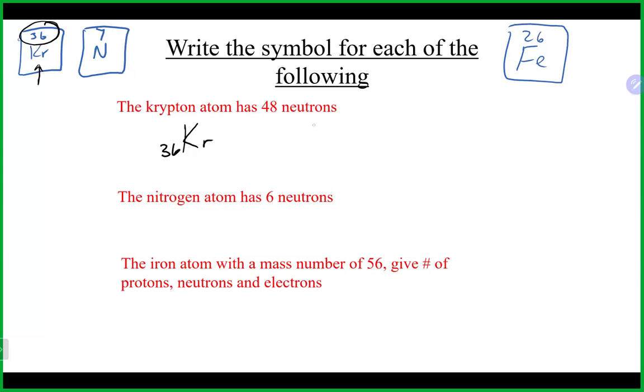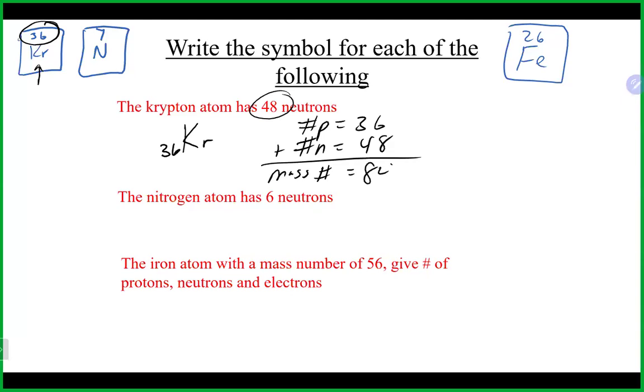That's also important because that's going to tell us our number of protons is going to be 36. Here we do have our number of neutrons given to us, which in this case is 48. So remember, if we add these together, that will give us our mass number, and that's going to be an 84. So we're going to go top there, 84 in that case there. Any questions on that there?